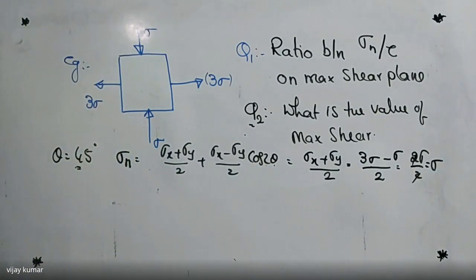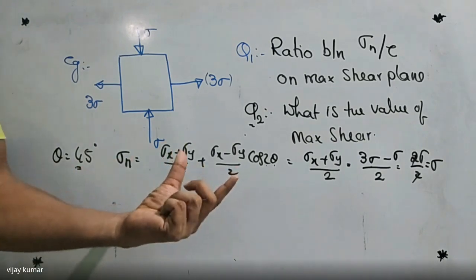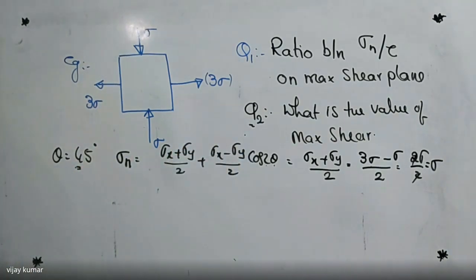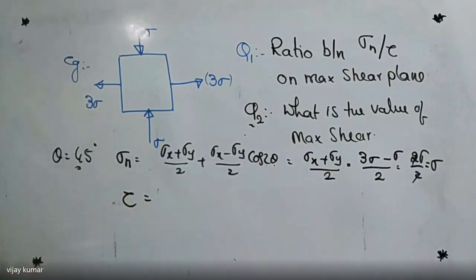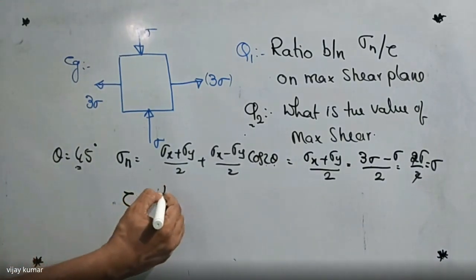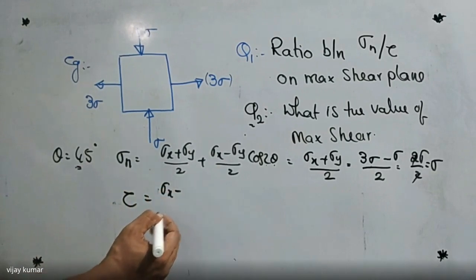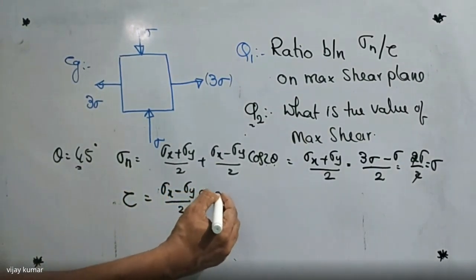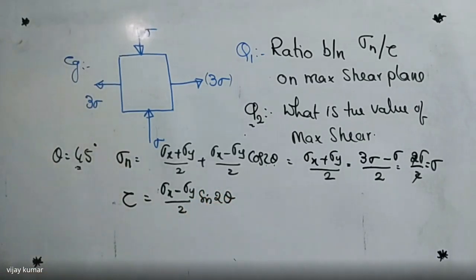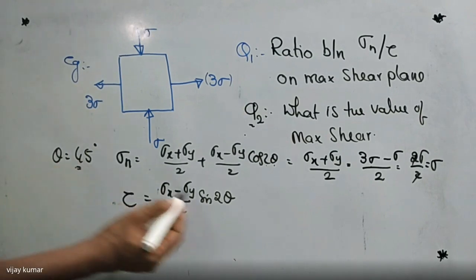This is a simple question, but we have to remember the formula. At the same time, I'm going to find the value of shear stress. What is the shear stress value? (Sigma x minus sigma y)/2 into sine 2 theta is the value of shear stress when the component is subject to a biaxial state of stress. Now take theta is equal to 45.